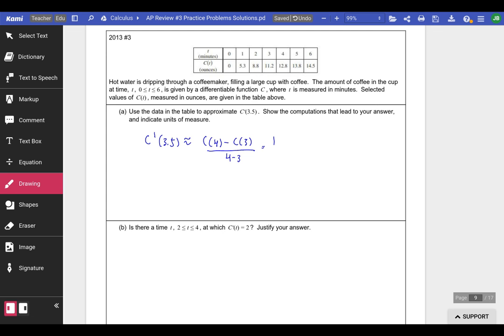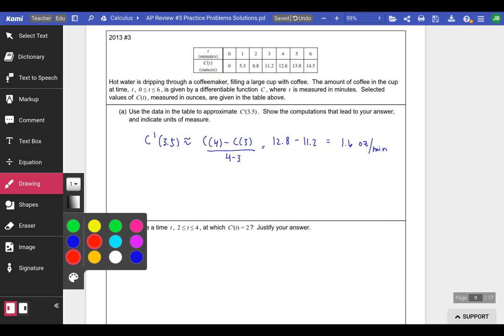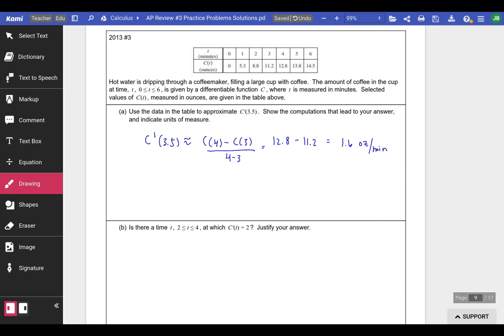C of 4 is 12.8 minus C of 3 is 11.2, and we're going to get 1.6, and our units there would be ounces per minute. All we had to do there was approximate that value. In this year's exam, they gave a point for the value and then a point for the units.